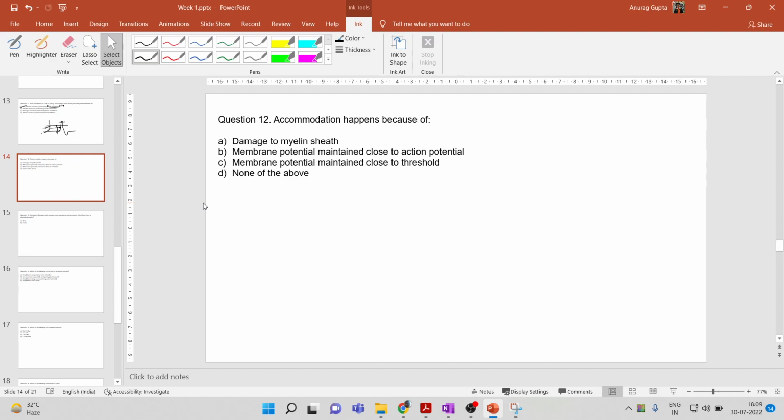Accommodation happens because of A. Damage to myelin sheath. B. Membrane potential is maintained close to action potential. C. Membrane potential is maintained close to threshold. Or D. None of the above. So you guys can respond. What do you think the answer is? Okay, I'll wait for 15-20 seconds.